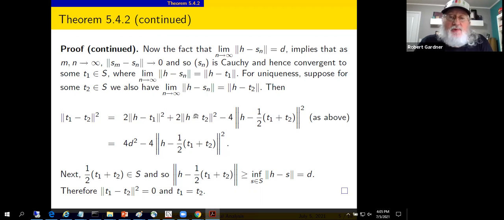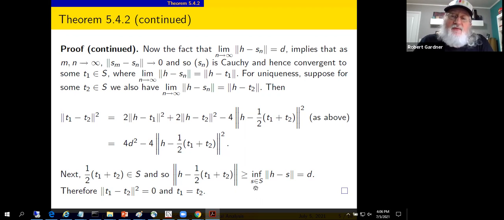So both of these equal D, that gives us 2D squared plus 2D squared, that's 4D squared. Over here, the parallelogram law has produced this. Here we have H minus, well, that's an element of S, isn't it? Yeah, it's a linear combination of T1 and T2. T1 and T2 are from capital S, and capital S was a subspace. So yeah, this is an element of S.